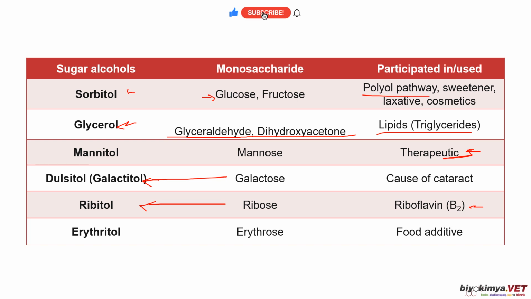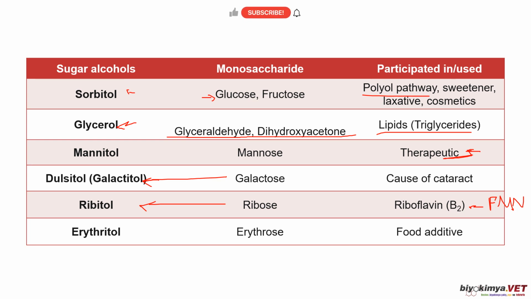This is the significance of ribitol: being part of riboflavin, vitamin B2, as well as its coenzyme flavin mononucleotide, FMN, a nucleotide coenzyme used by many enzymes in metabolism in organisms. These are called flavoproteins.